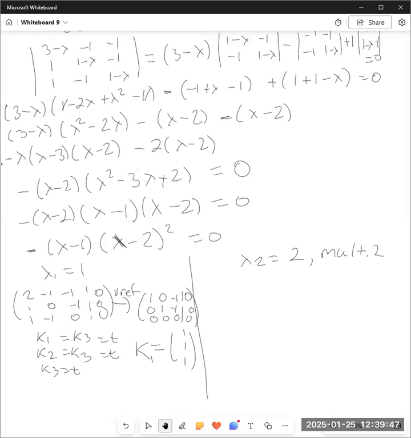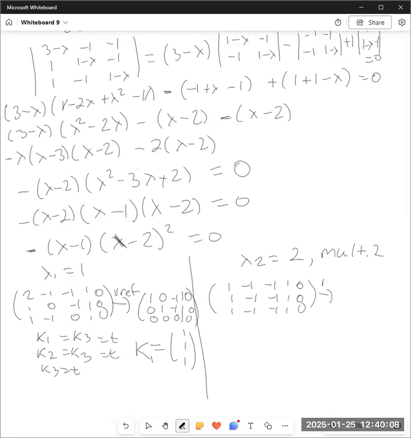And then I have, when lambda is 2, this is going to be 3 minus 2 is 1, negative 1, negative 1, 1, negative 1, negative 1, 1, negative 1, negative 1.